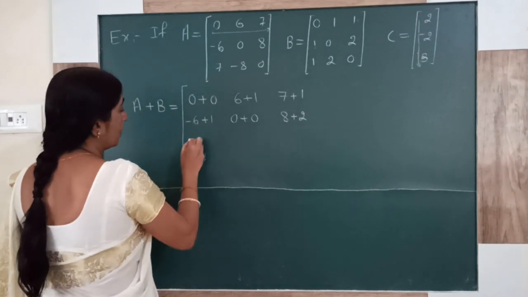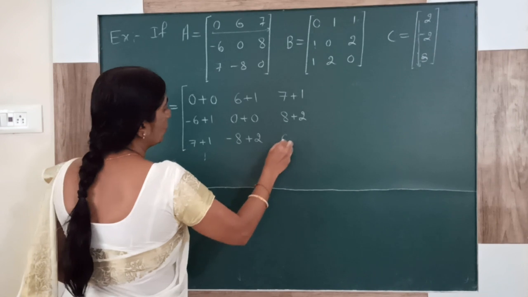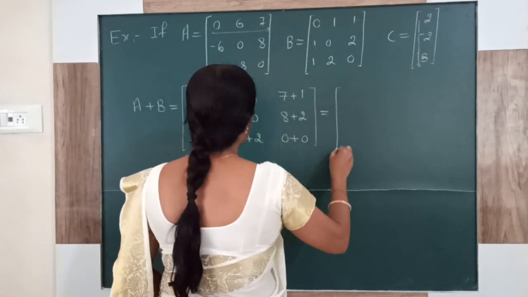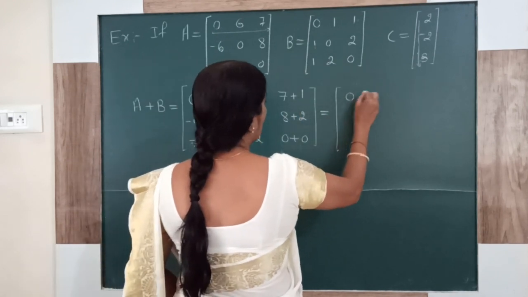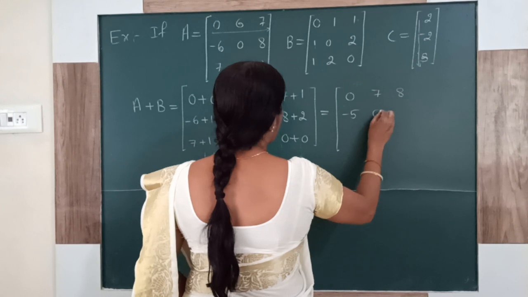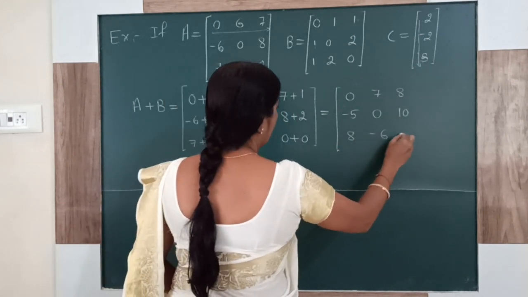Then 7 plus 1. Minus 8 plus 2. The next is 0 plus 0. Simplify this. This is 0, 7, 8. Minus 5, 0, 10. The next one is 8, minus 6, 0.